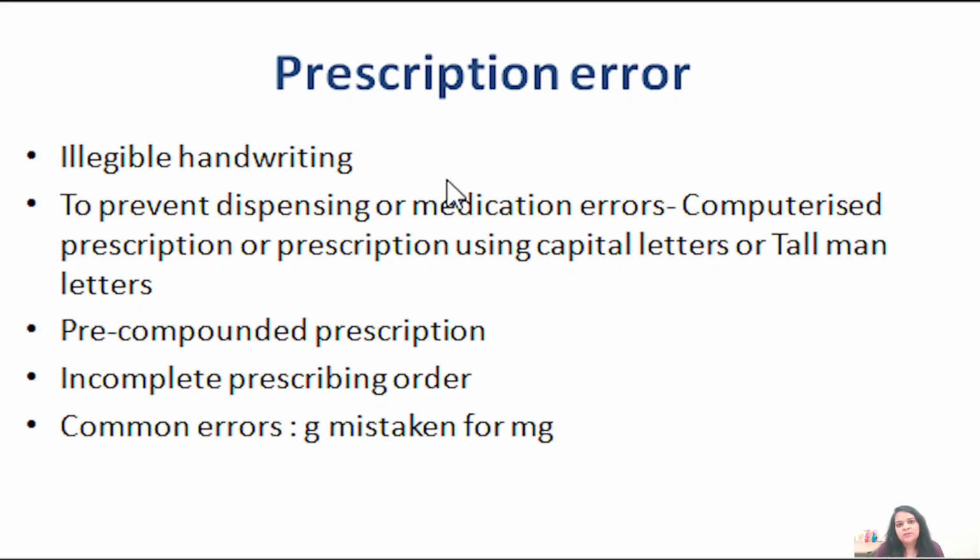And to prevent this type of error, nowadays pre-compounded prescriptions are used. Other common prescription errors are incomplete prescribing, and sometimes when you have written gram, it can be mistaken for milligram. So these are the common errors which you should always check for when you are writing the prescription.